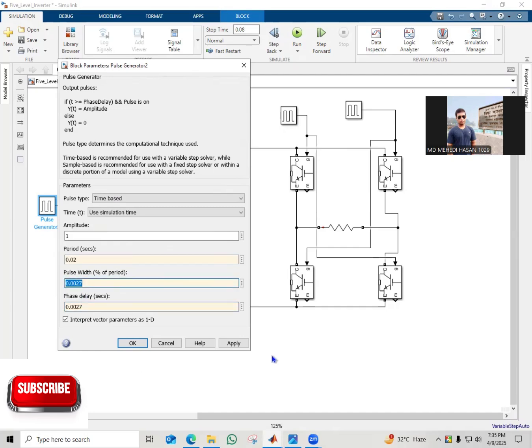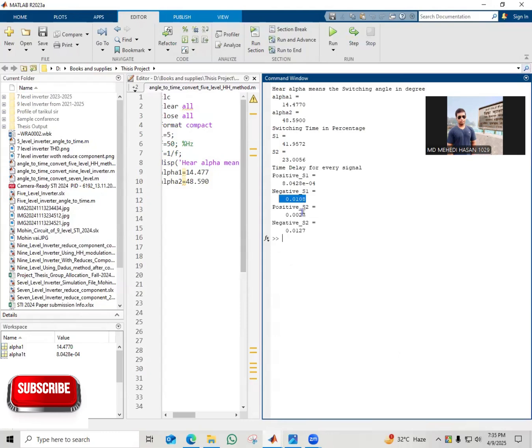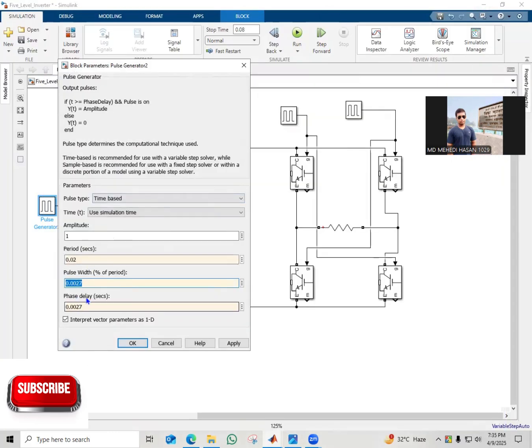This is the value of the phase delay, and the activation period is 23.0056.